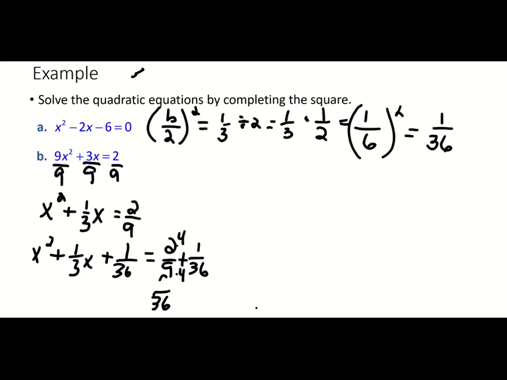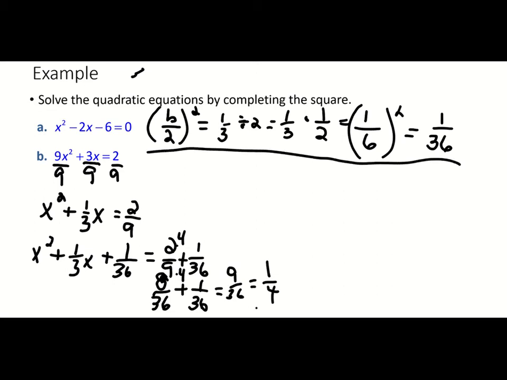So we get 8 over 36 plus 1 over 36. That gives us 9 over 36, which does simplify down to 1/4. So right now we have x squared plus 1/3 x plus 1 over 36 is equal to 1/4.